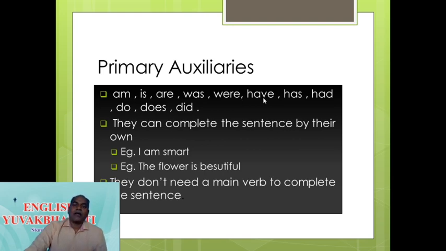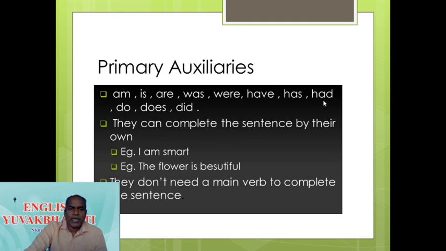I have hands, I have a bungalow, I have a car, she has a car, she has a pet animal. The king had a castle, or the king had a big kingdom.